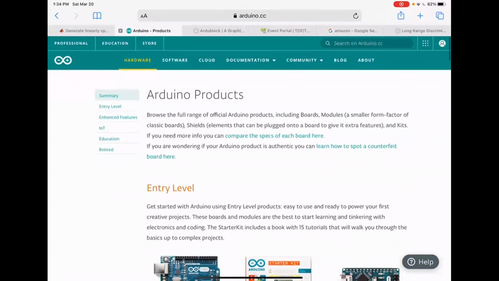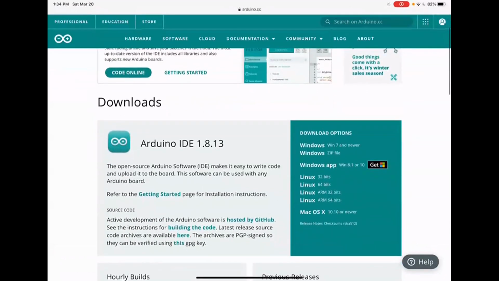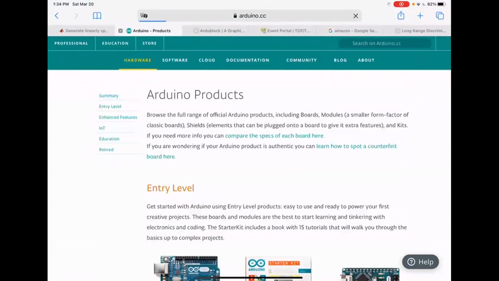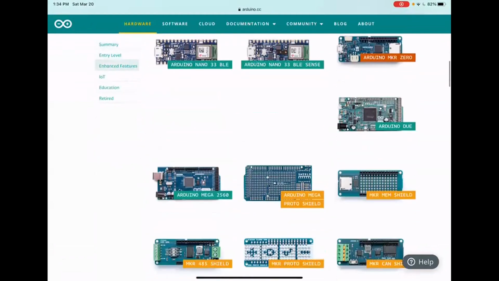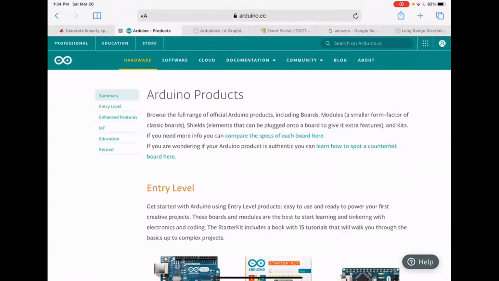Okay, so this is the Arduino website where you can download the IDE and you can buy hardware from them. They have many boards and they have some starter kits. They tend to be a little bit more expensive than what you can find on Amazon.